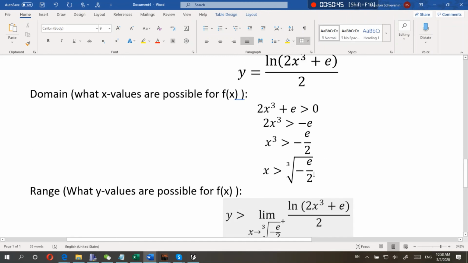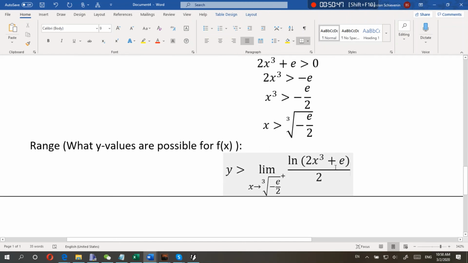And we know our function goes to infinity if I keep going larger and larger for x, so it'll keep going larger than that.